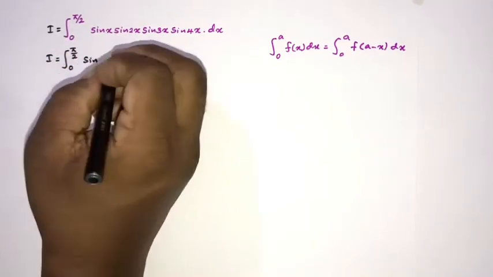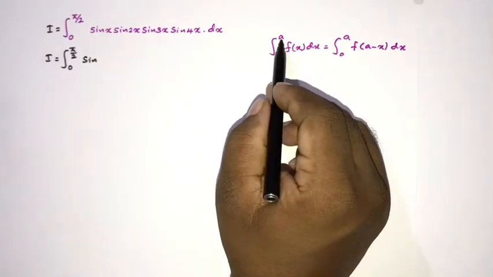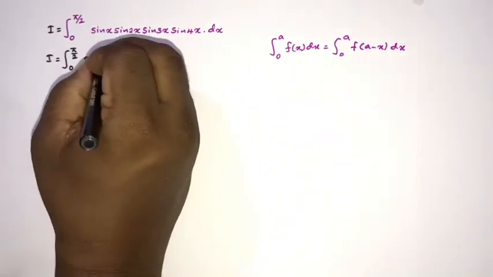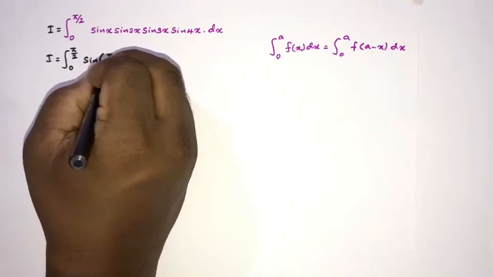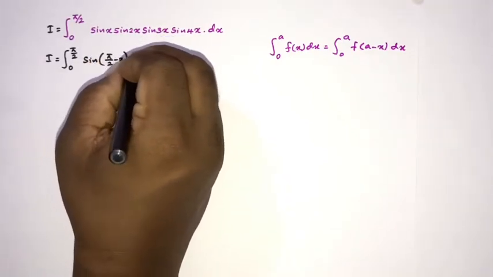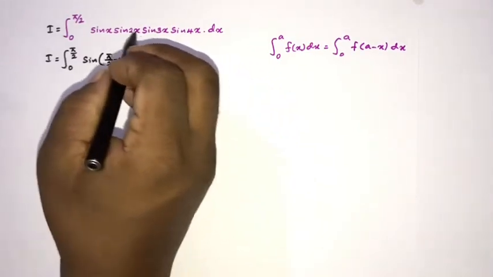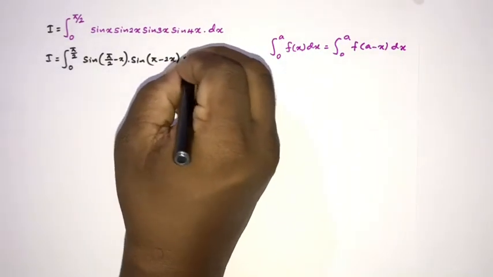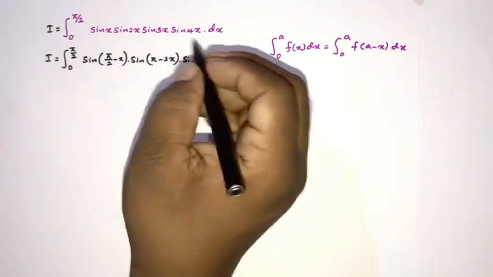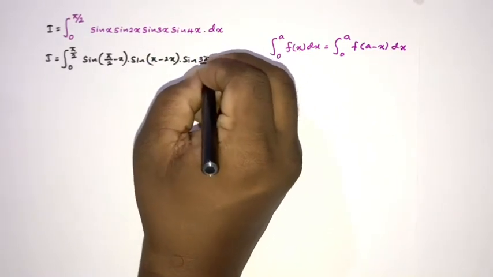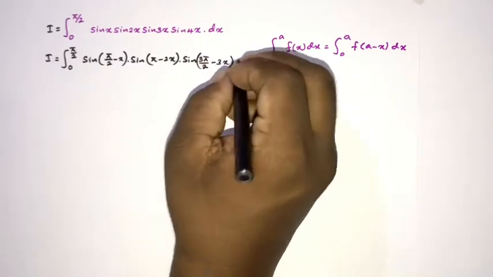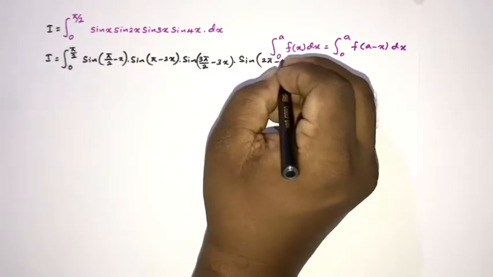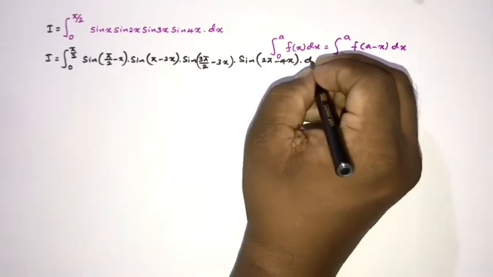Now, according to this property, we replace x with a minus x, so we have sine of pi over 2 minus x, times sine of 2 times pi over 2 minus x, which is sine of pi minus 2x, then sine of 3 times pi over 2 minus x, which is sine of 3 pi over 2 minus 3x, times sine of 2 pi minus 4x dx.